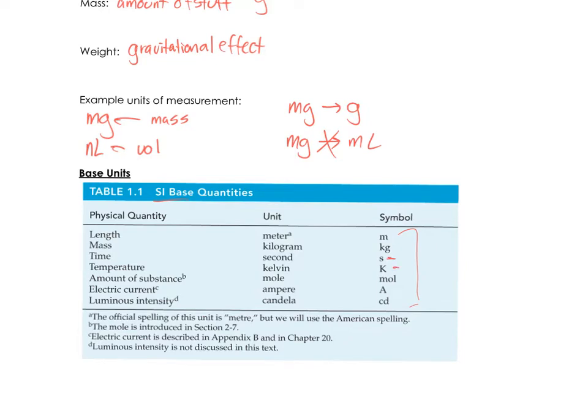Temperature is in Kelvin, and we'll talk about why that is in gas law. The amount of substance is a mole. Current is amps, and luminosity is candela, which there are other units for too, which is just basically the brightness of something. So these are just the SI units that you'll see throughout, but it doesn't mean that they're the only units, and it doesn't mean that they're the units that we're going to use as a middle ground.